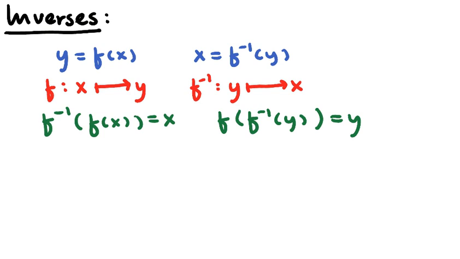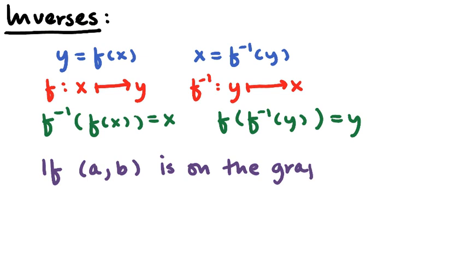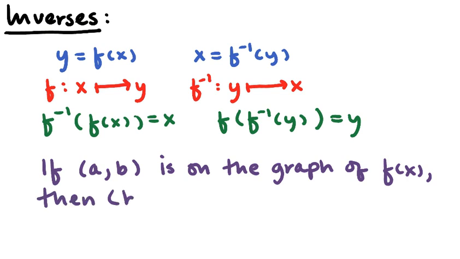Hopefully. And I'm trying to think, oh yeah, another relevant fact about inverses is that if the point (a, b) is on the graph of f of x, then the point (b, a) will be on the graph of f inverse.